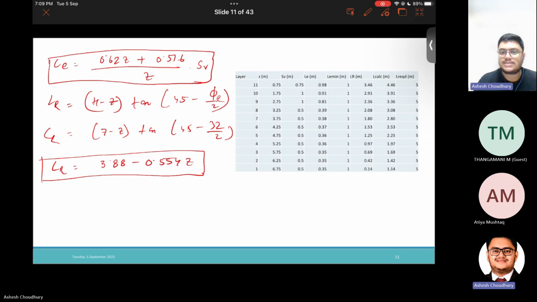Okay, so this completes our design. So here we choose the same length throughout.